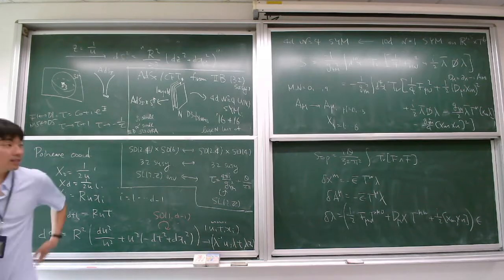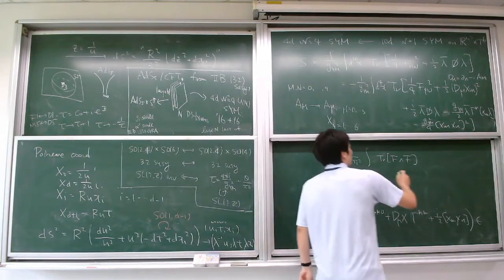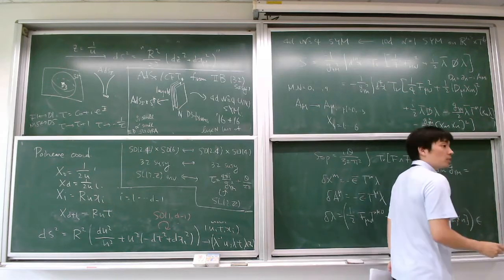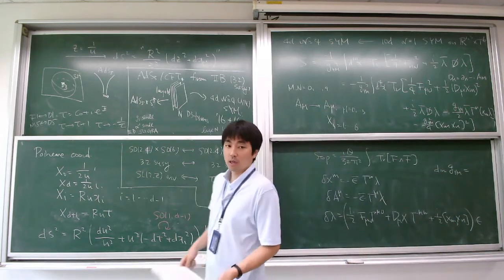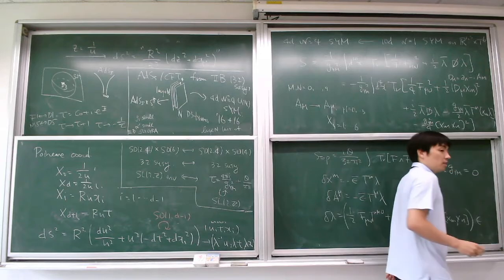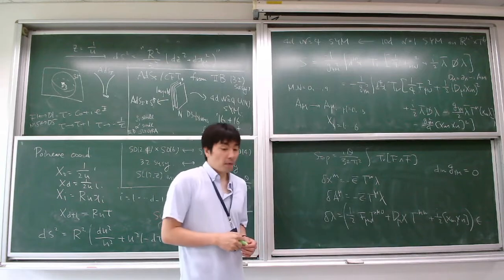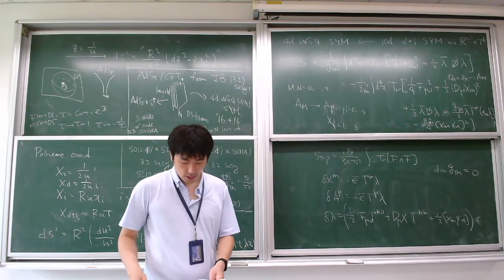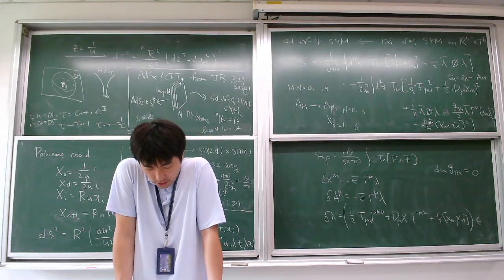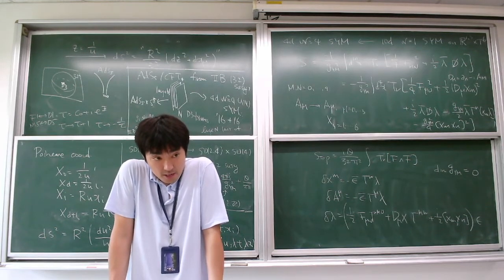And then the nice thing is that classically you can determine the dimension. So what is the dimension of g_YM classically? Zero. The mass dimension is 0. How do you see that?